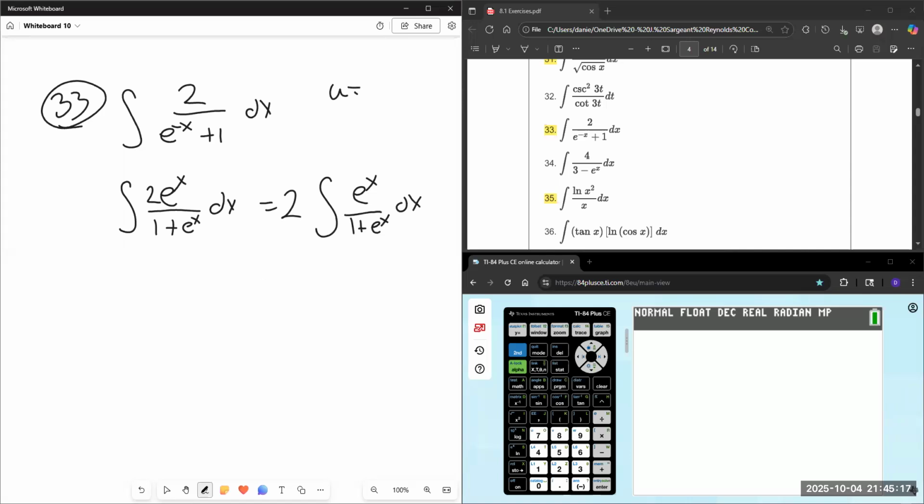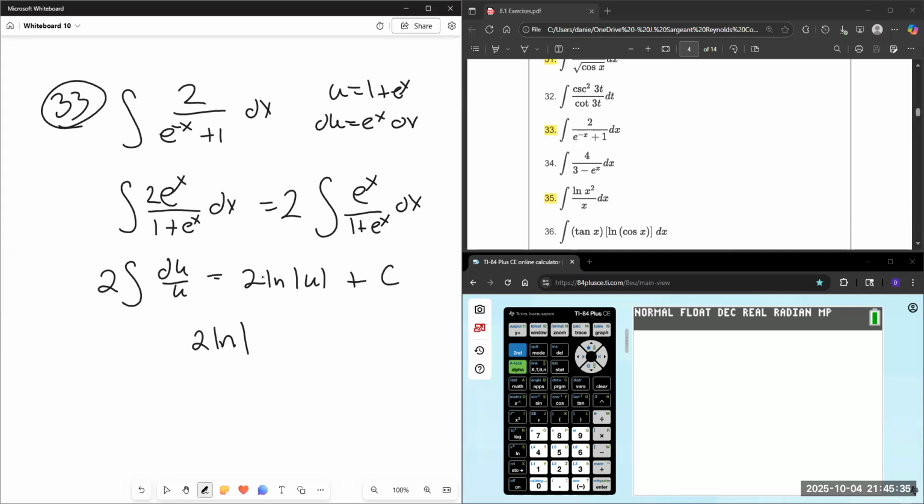We have our u is 1 plus e to the x. Our du is e to the x dx. This is 2 integral du over u, which is 2 ln of the absolute value of u plus c. It's 2 ln of the absolute value, 1 plus e to the x. I don't need absolute value bars because 1 plus e to the x is always positive.